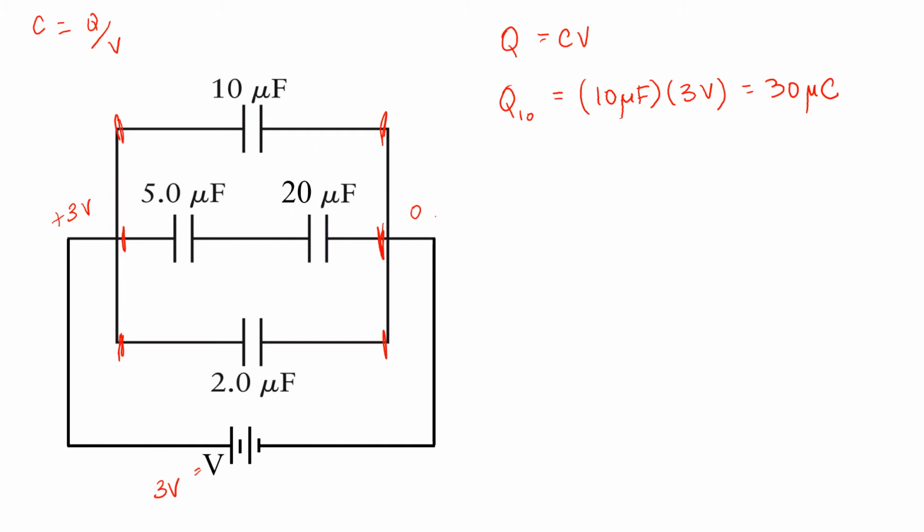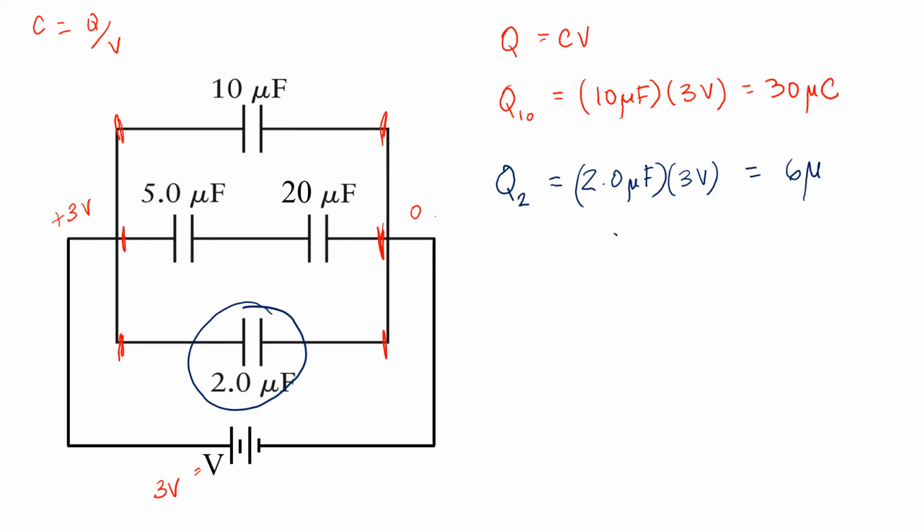We move to the bottom capacitor plate. This is a 2 microfarad capacitor. It also has a potential difference across it of 3 volts. That means 6 microcoulombs of charge.